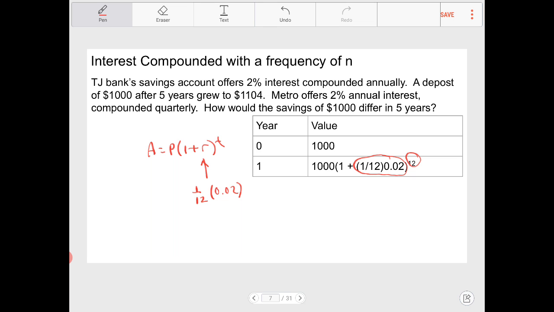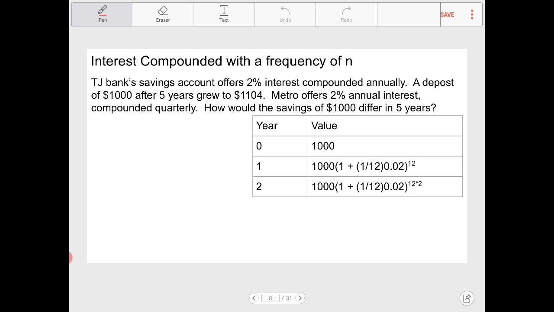Well, what will happen after the second year then? In the second year, the same stuff will go into the set of parentheses again. However, I'm changing my time now. So how many times will the account have grown?